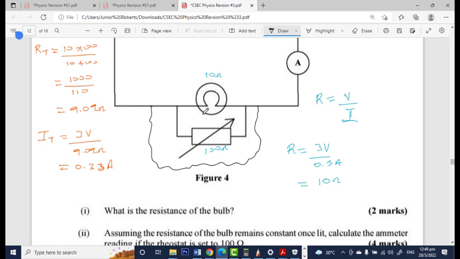Let's think about it this way. Let us say when the current comes right here, the current has to go through this bulb.